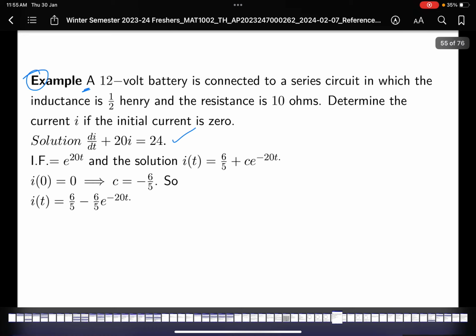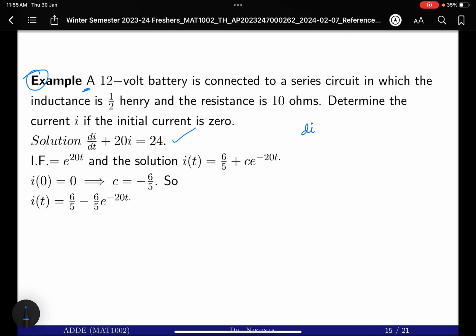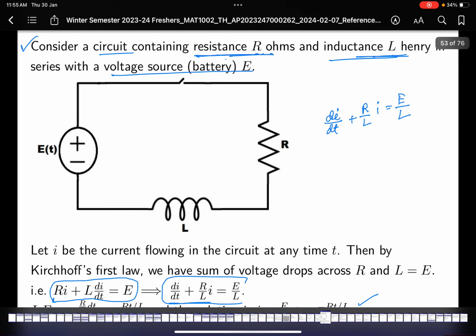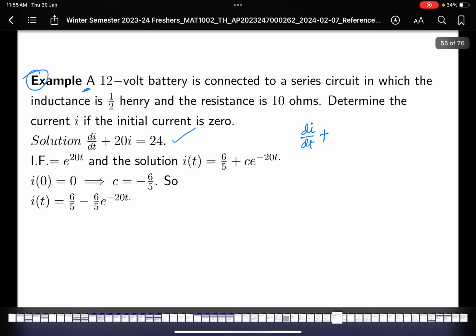For this question, if you apply that formula, dI/dt plus R/L I, what is R given in this question?